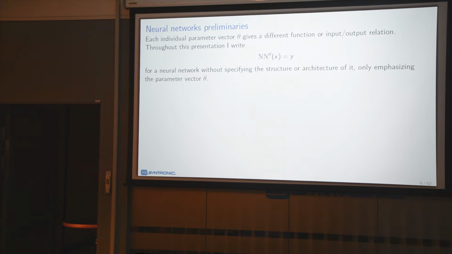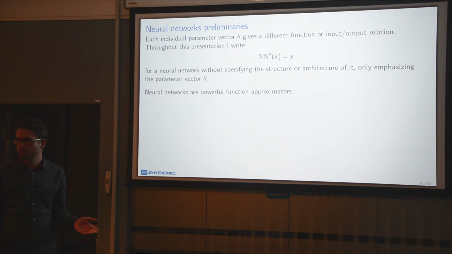So each individual parameter vector gives a different function, and throughout this presentation I will write NN(θ, x) for a neural network with some architecture, just emphasizing the parameter.